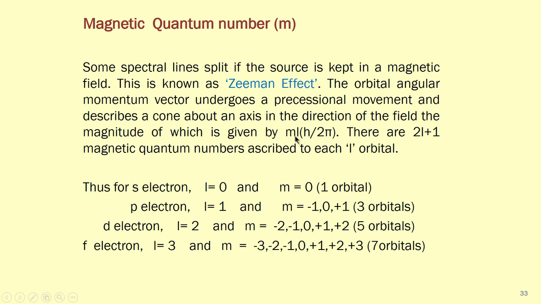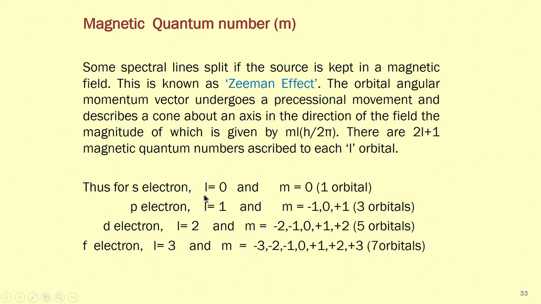So, for each L electron there will be 2L plus 1 magnetic quantum numbers ascribed to each L orbital.